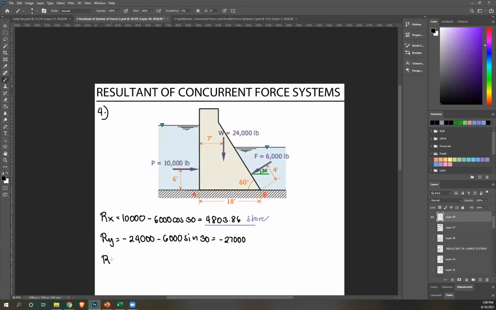And then the next step, please solve what's R squared.